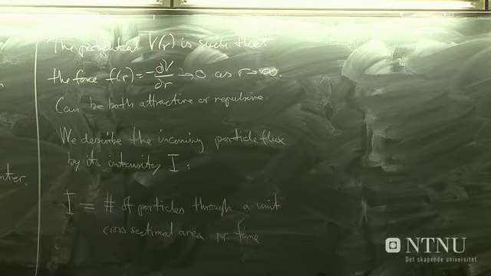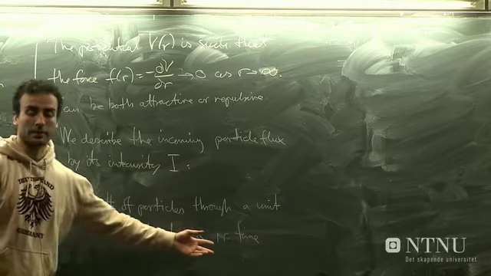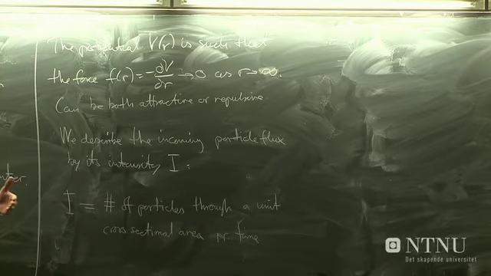It's the number of particles that pass through a cross-sectional unit area per unit time. So it's the flux through some unit area per unit time.